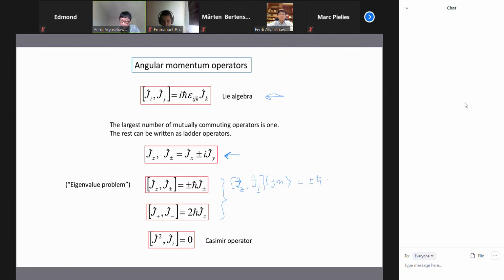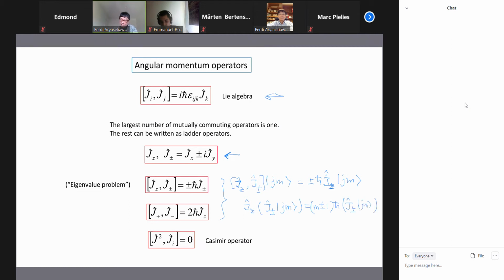So we get the state |j, m> like that, and we can easily work out that J plus minus acting on the eigenstate |j, m> will give us m plus minus 1, times h bar, in the state |j, m plus minus 1>.